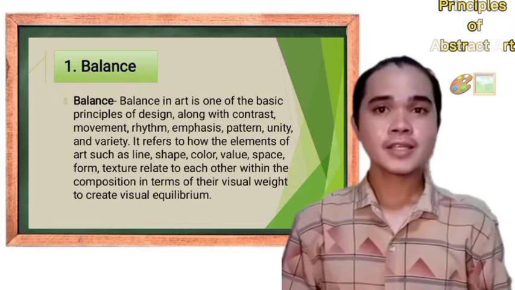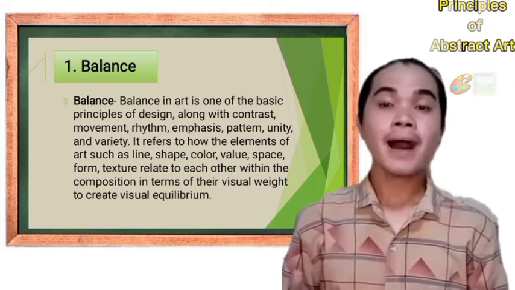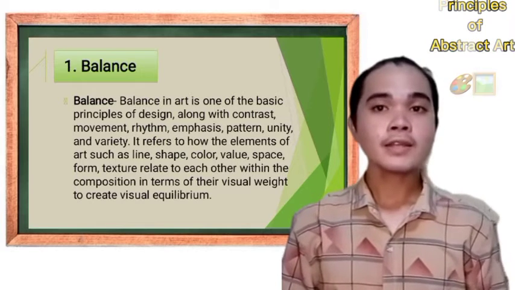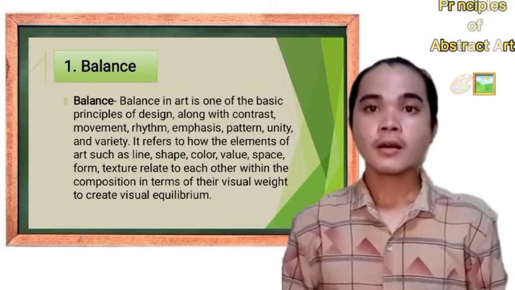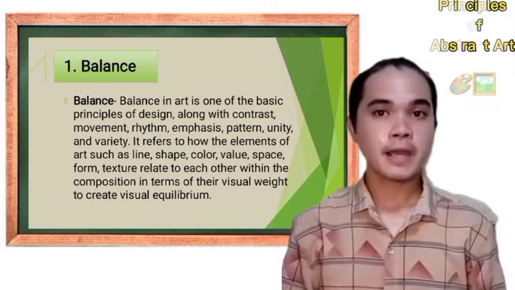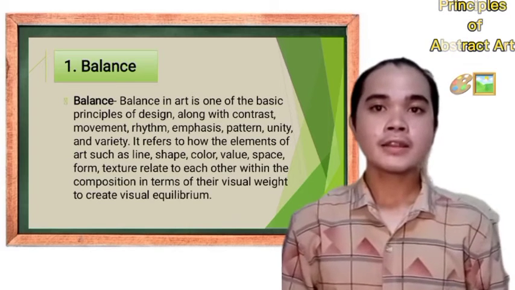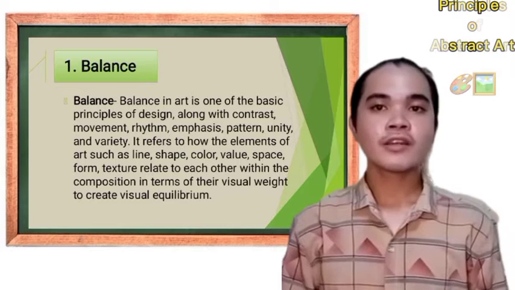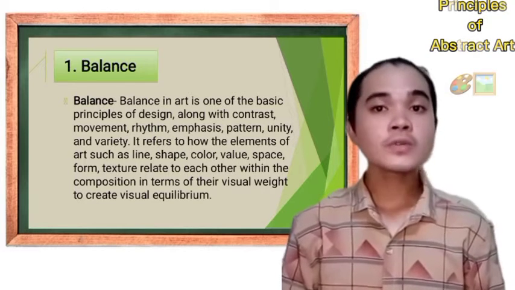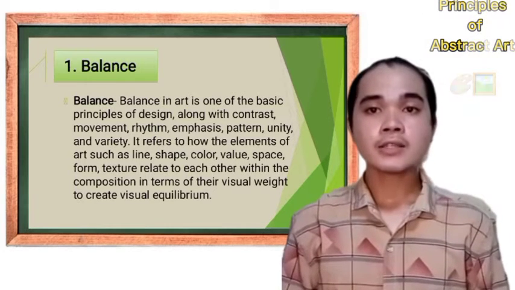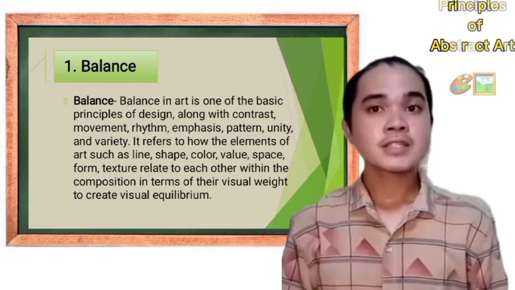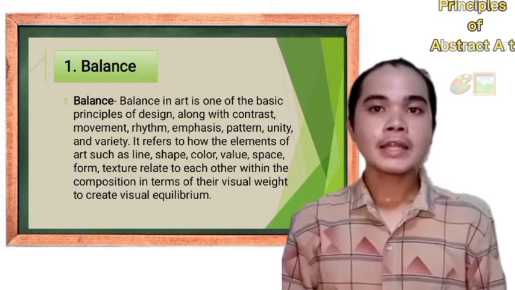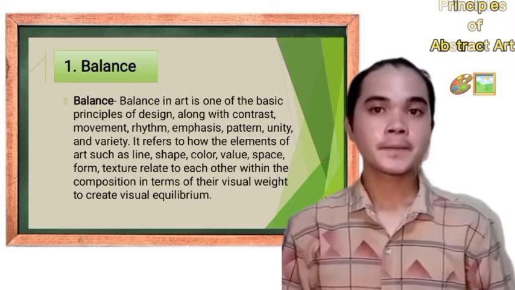In other words, balance is the distribution of the visual weight of objects, colors, texture, and space. It is important in art, knowing that a balanced work in which the visual weight is distributed evenly across the composition seems stable, makes the viewer feel comfortable, and is pleasing to the eye.